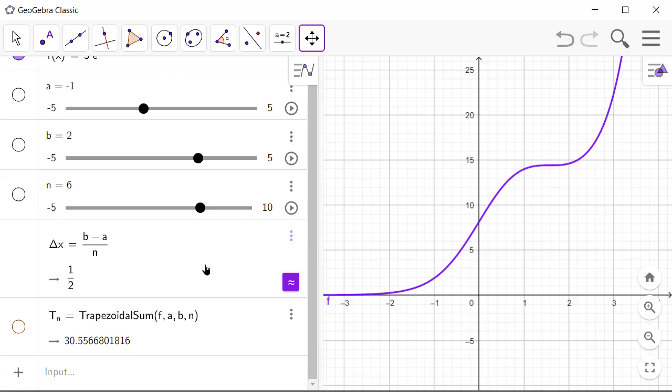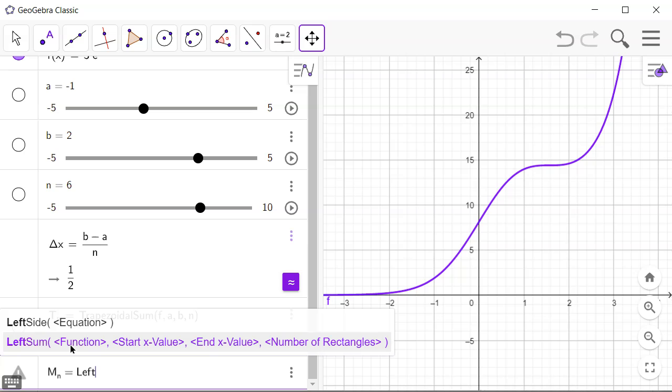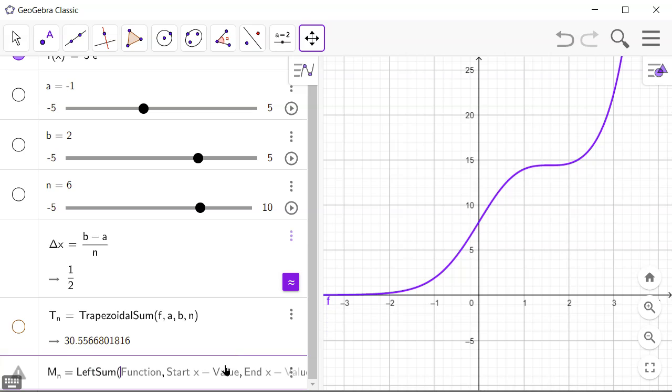Here, M sub n is equal to a left sum of f of x from a to b with n rectangles. You can see that this is a left sum with 6 rectangles.